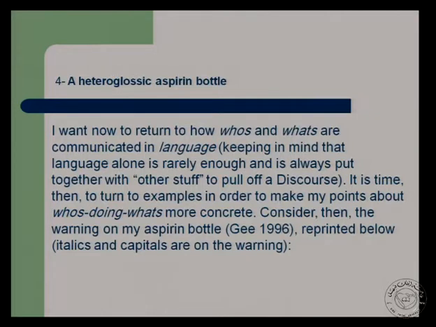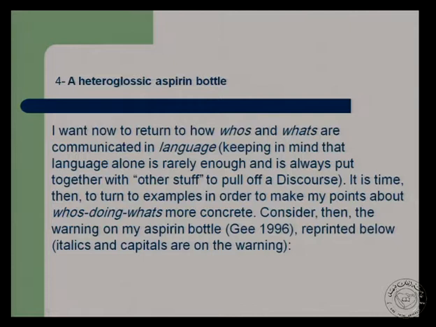It is time then to turn to examples in order to make my points about who's doing what's more concrete. Consider then the warning on my aspirin bottle. G has already given a good example for an aspirin bottle.